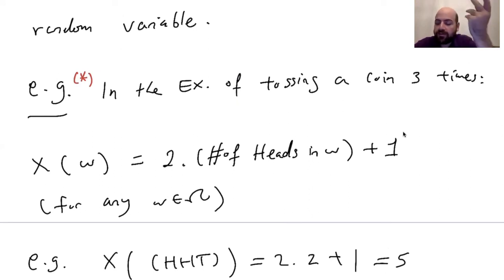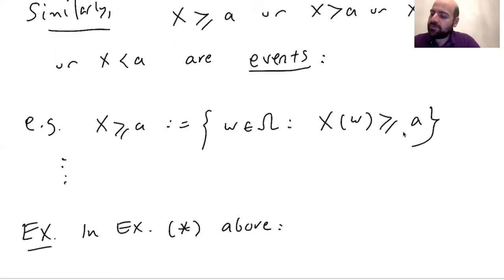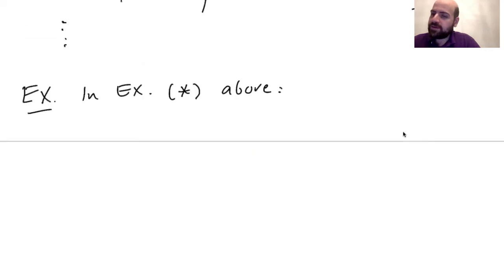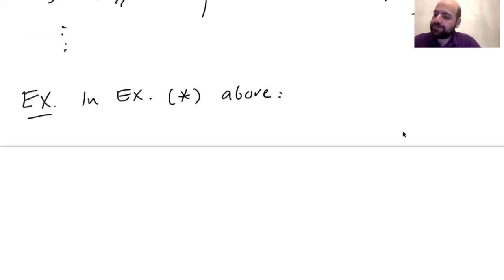We defined a random variable. How did we define the random variable? We said, count the number of heads, multiply with 2, add 1. Okay, so let's look at, for this experiment and this random variable, an example star above, let's say, find the event capital X equals 2.